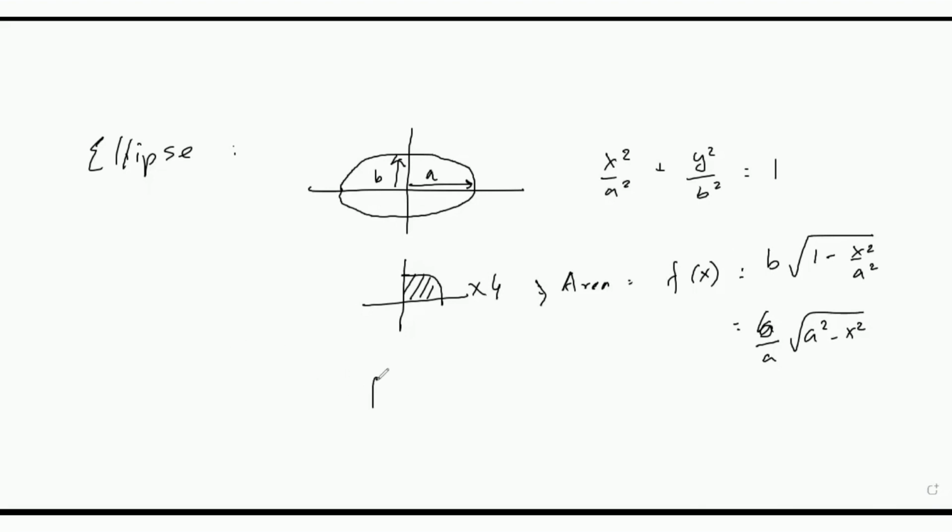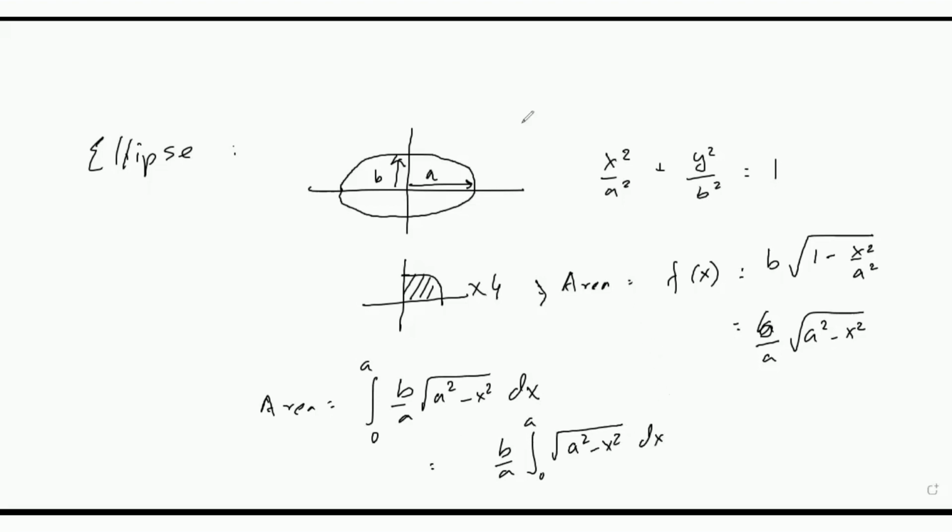So when we are integrating, the area is from x equals 0 to x equals a, b over a times the integral of root of a squared minus x squared dx.